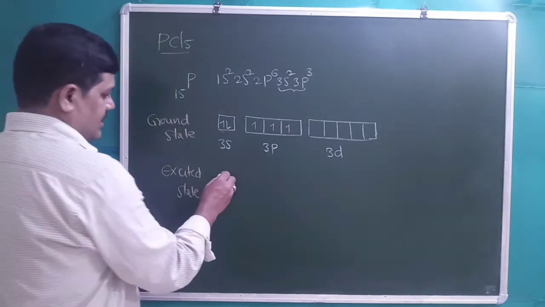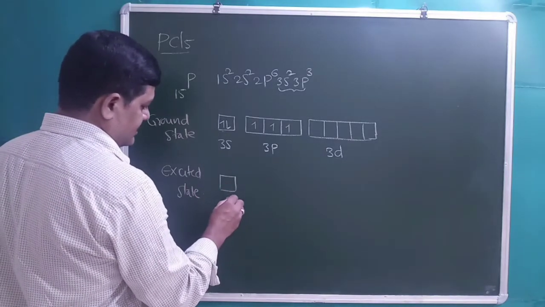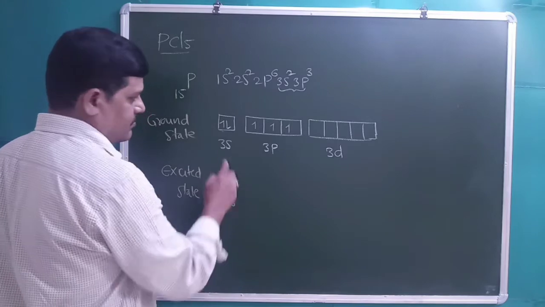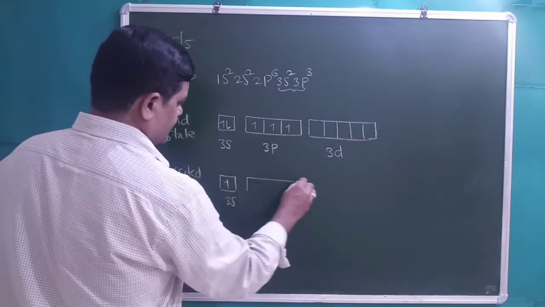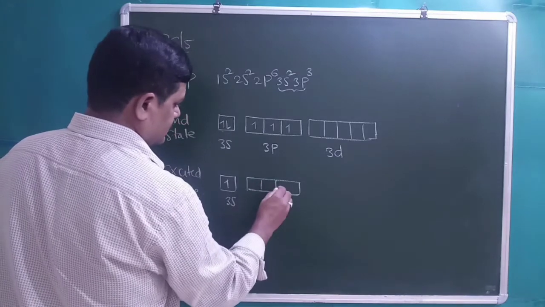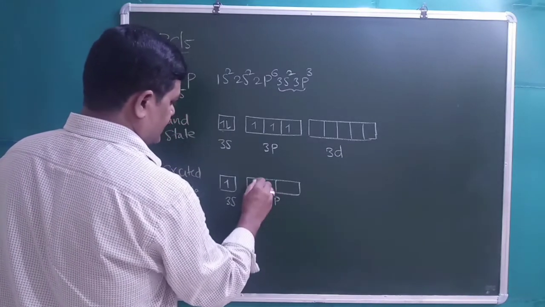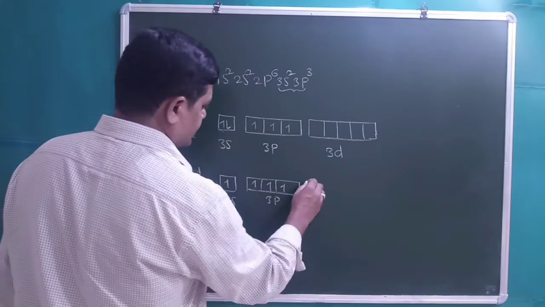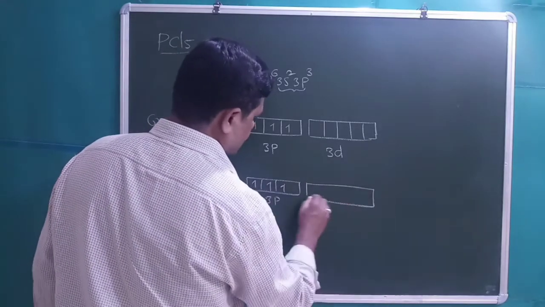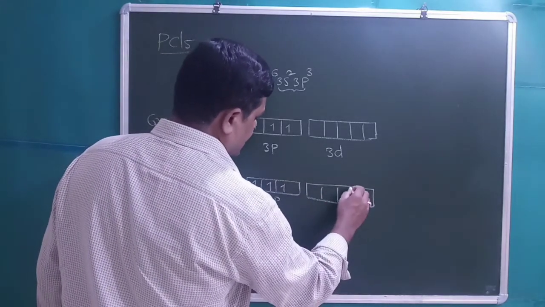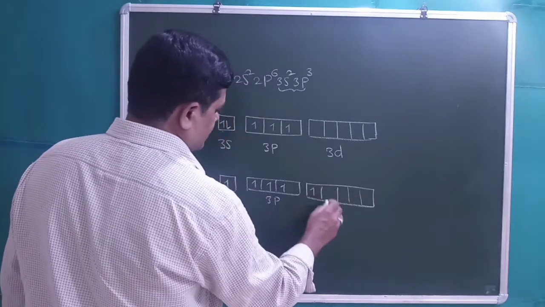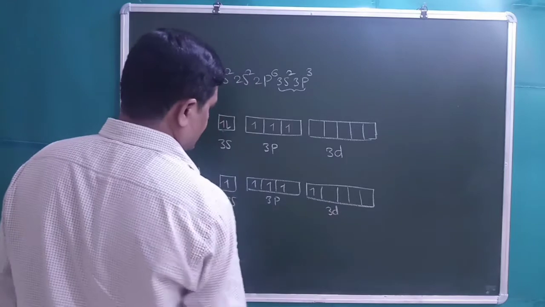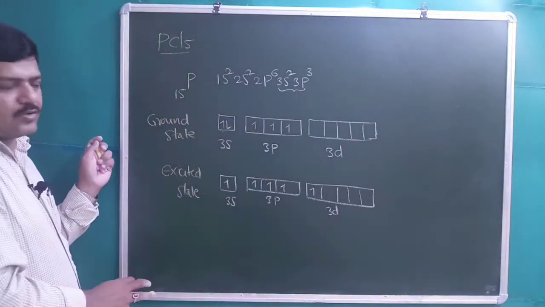Excited state orbital diagram we can write like this. Now 3s has only one electron because one will excite into the 3d orbital. 3p has 3 single electrons. 3d is having 5 orbitals, 1 electron now is present, okay, 5 unpaired electrons are present.